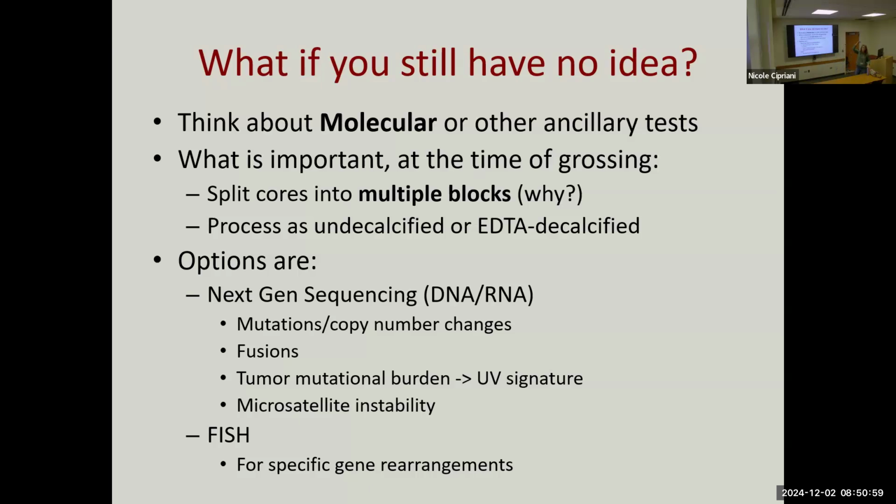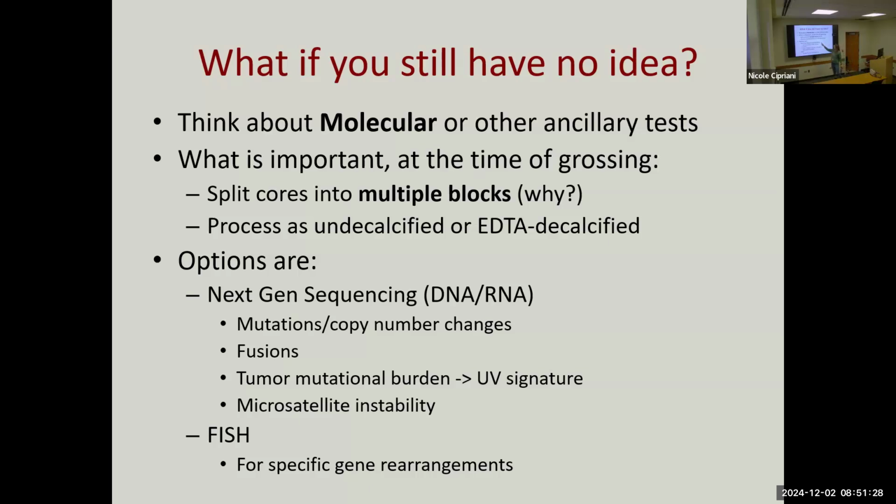So always priority: undecalcified, EDTA decalcified, HCl. Does that all make sense? All right, just always ask yourself that when you're grossing. We've had issues in the past where entire 10-centimeter things have just 100% been thrown in HCl, and that is useless because you've lost it all. It's gone. So always think before HCl.